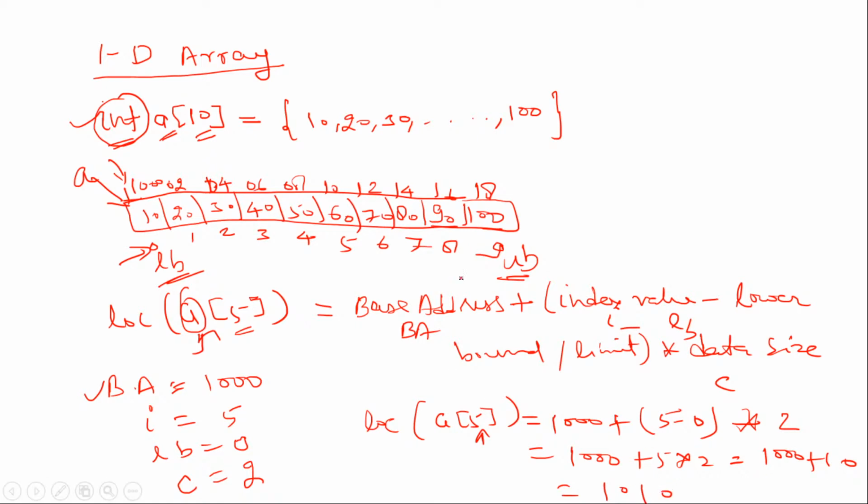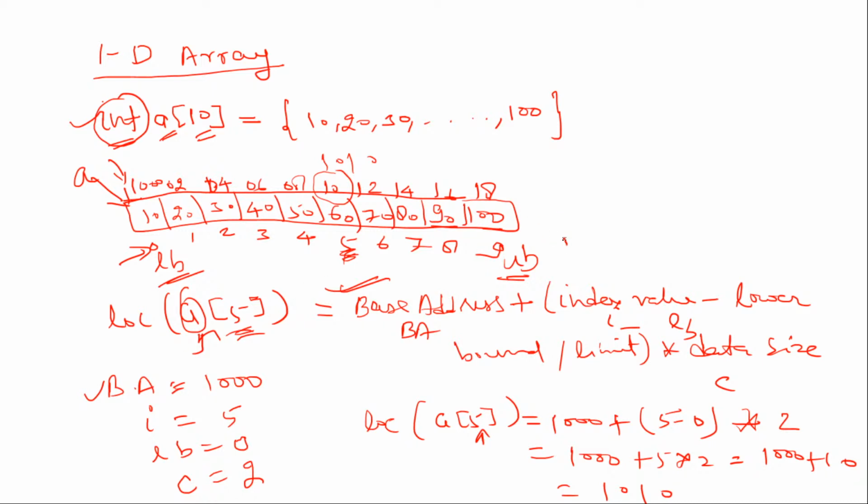You can say in this array also at 5 index location the address is 1010, and this is the formula. So you can find out the location or address, right?